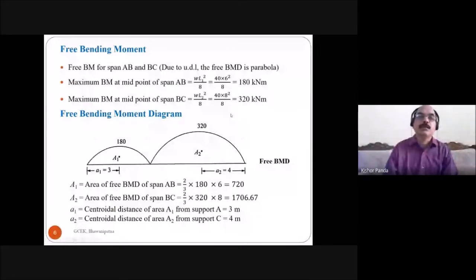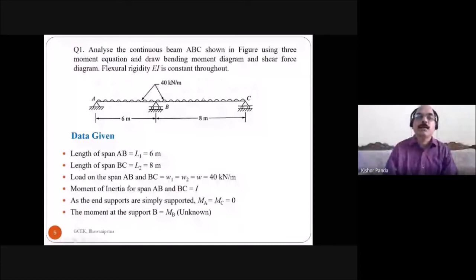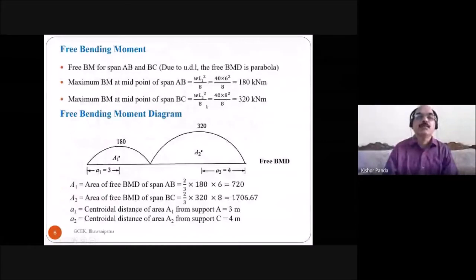Everything is given here: load 40 and span 8 for BC, and for span AB, load 40 and span 6. So you can find the maximum bending moment at the midpoint of span AB and span BC. This is the free bending moment diagram. For span AB, this is a parabola, and this is the maximum moment 180.